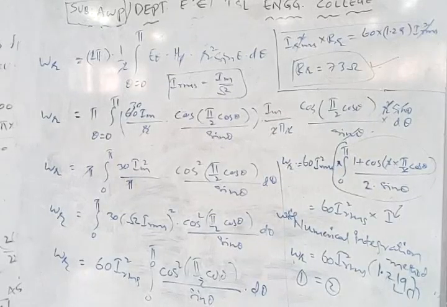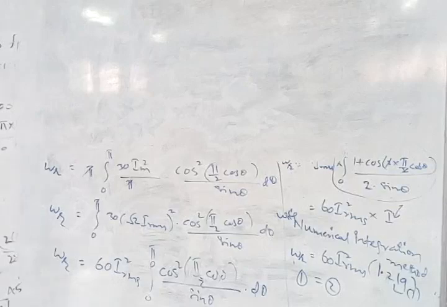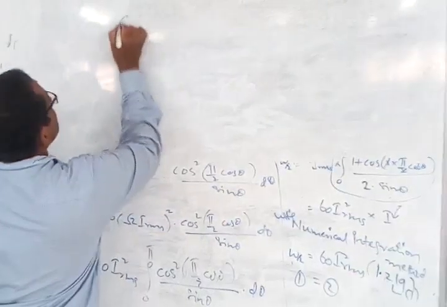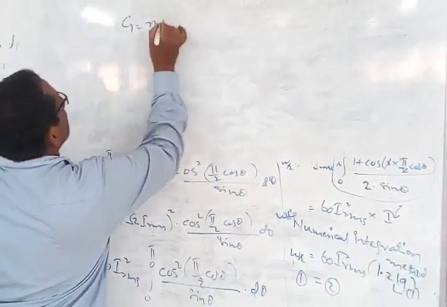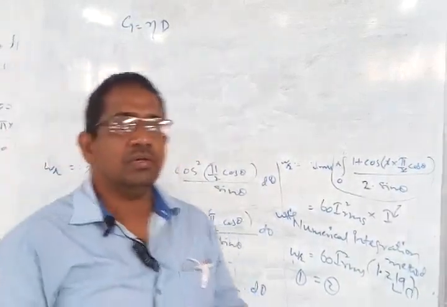That is called G. So just now to solve this, we should look into the formula for gain. We already defined the formula for gain in the earlier classes. So what is the formula for gain? Gain is equal to eta into D, where eta is the antenna effective efficiency.